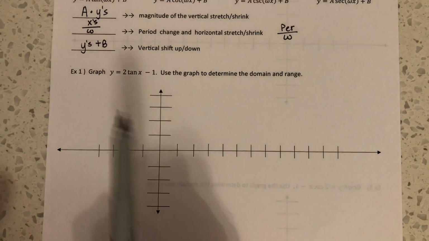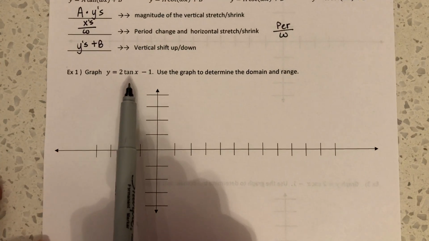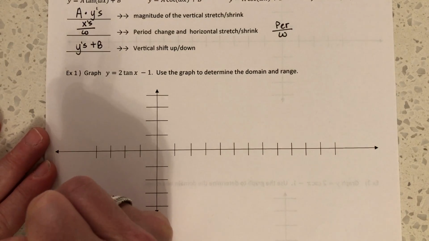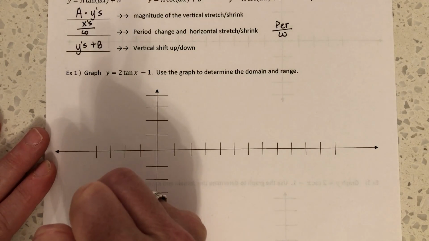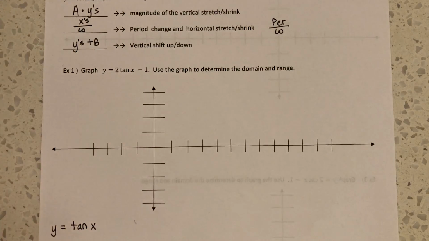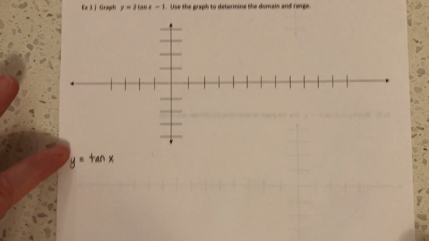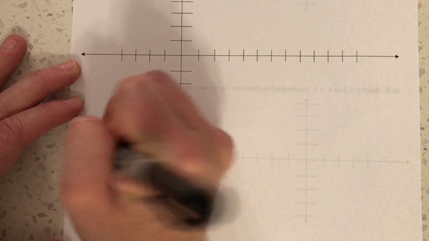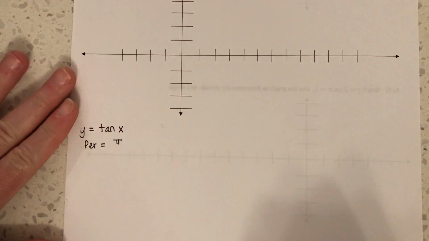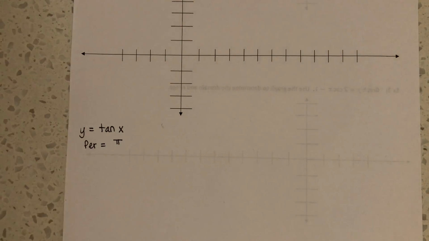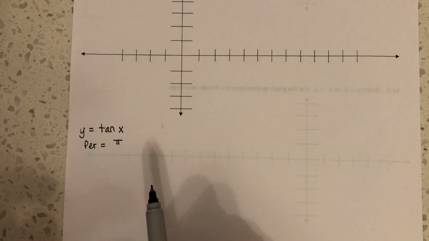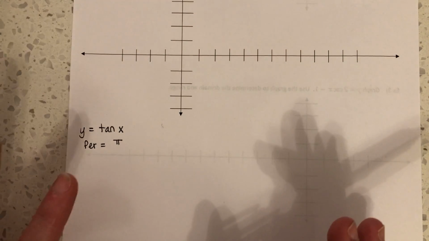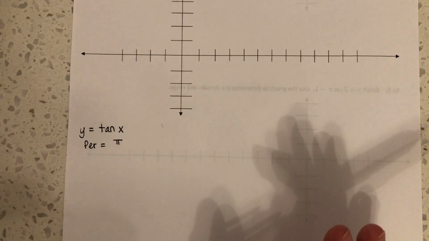All right, well, first of all, I think you should establish, well, who was the original function? The original function, before it was transformed, would have been the graph of y equals tangent x, right? And the graph of tangent x would have had a period of how many units? Because these are things that you should know. He would have had a period of pi units. Okay. Now remember, we use 4 main subintervals and 5 key points to graph the original first cycle.